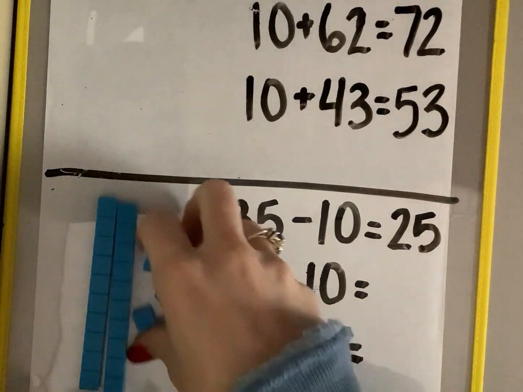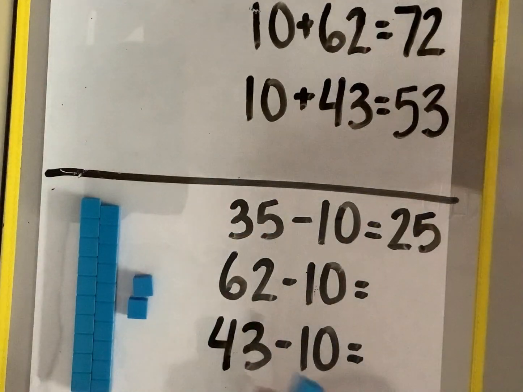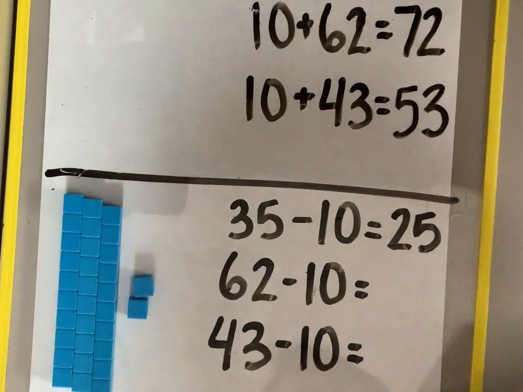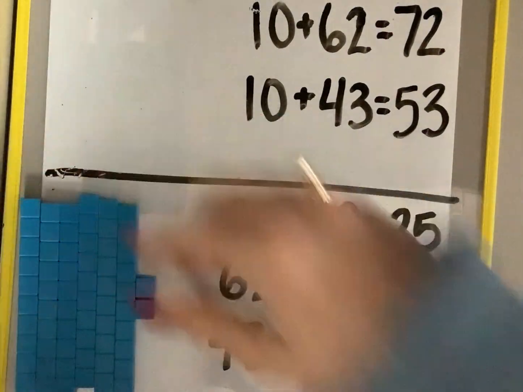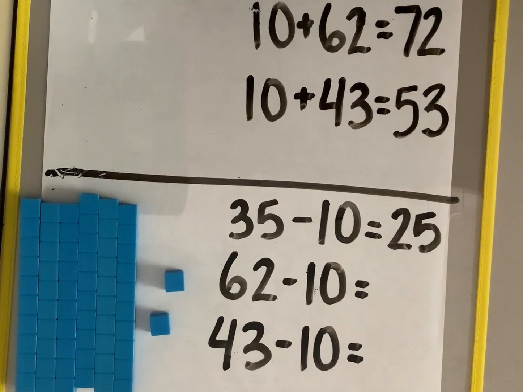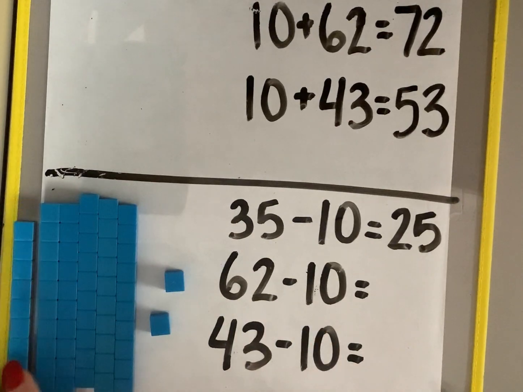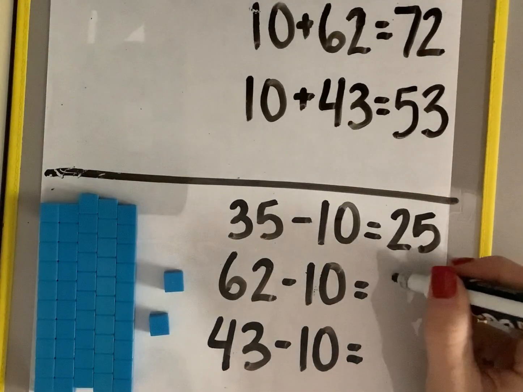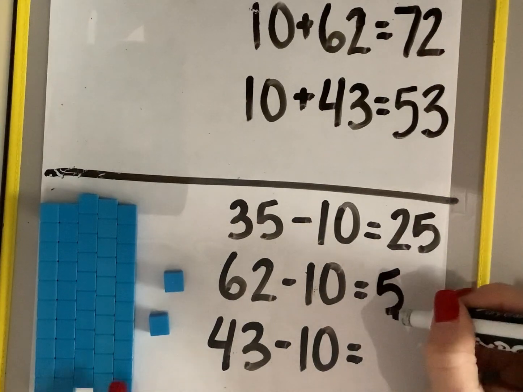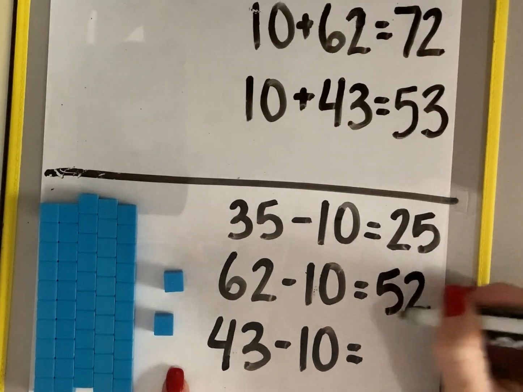Okay, let's try another one. This time we're doing 62. So there's 3, 4, 5, 6 10s and 2 1s. Remember, I take away one group of 10. So I had 6, now I have 5 groups of 10, and I still have my 2 1s.